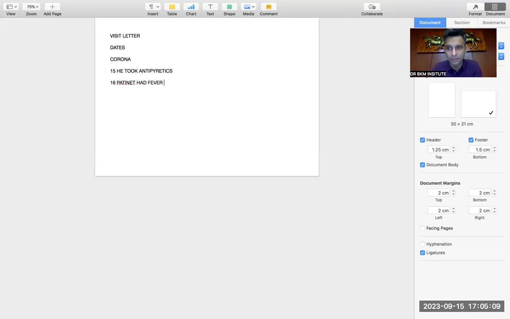Then it talks about something else. In this letter the dates are given, but it is not a visit letter, because the last date, the 20th, says the patient visited today. So the previous dates were not visit dates.